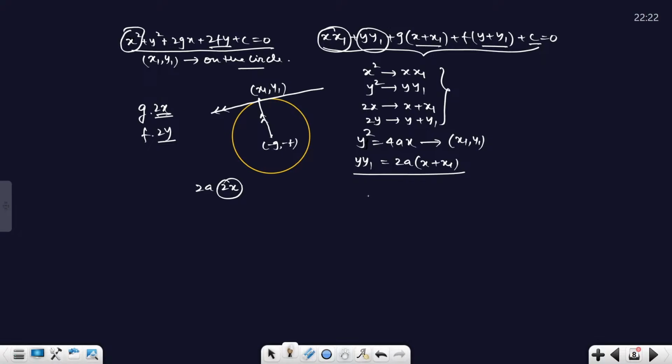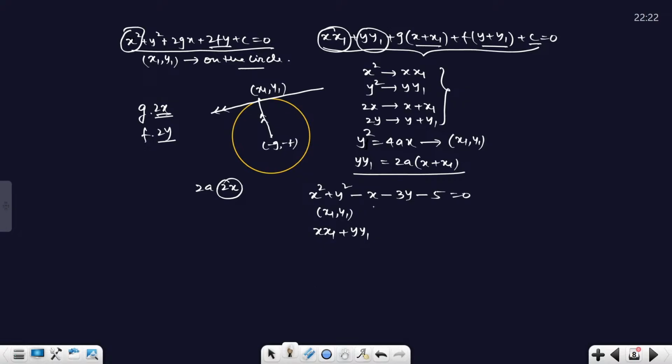Any curve you take, any curve. Suppose I take the equation of a circle like this: x square plus y square minus x minus 3y minus 5 equals 0. If I ask you what is the equation of the tangent at the point x1, y1, listen very carefully, here is how you can do it instantly. Here it is x square, so I will write xx1. Then it is y square, so I will write yy1.